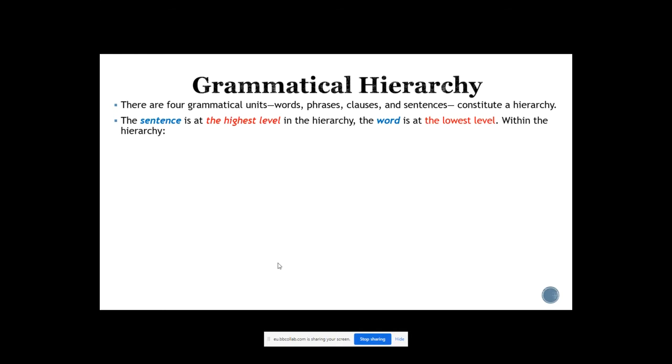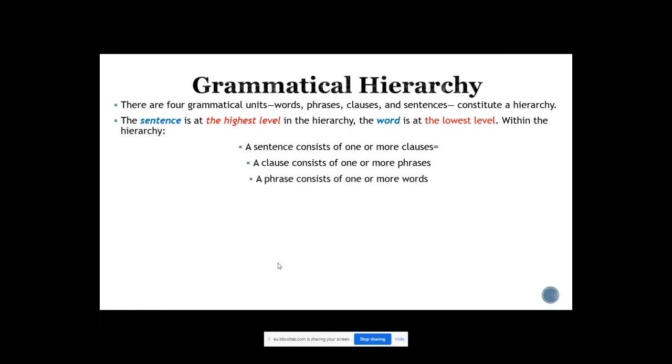Of course, maybe some of you might be skeptical about this statement, because we have also morphemes, which are still smaller units within words, and this is correct. Now, a sentence consists of one or more clauses. So a simple sentence is a clause, and a clause consists of one or more phrases, and the phrase consists of one or more words.